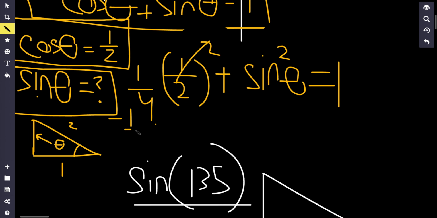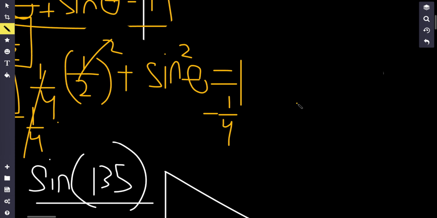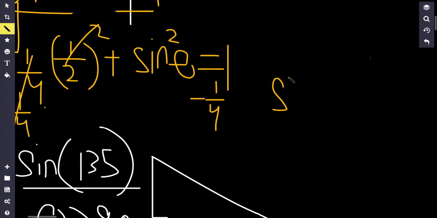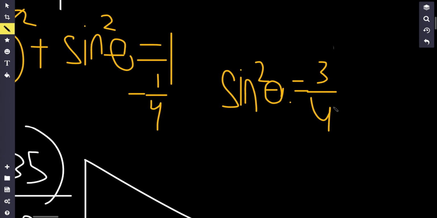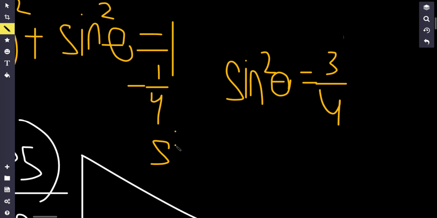And if you subtract 1/4 from both sides, you get 1 minus 1/4, which is just 3/4. So you get sine squared theta is equal to 3/4, right? That's 1 minus 1/4.